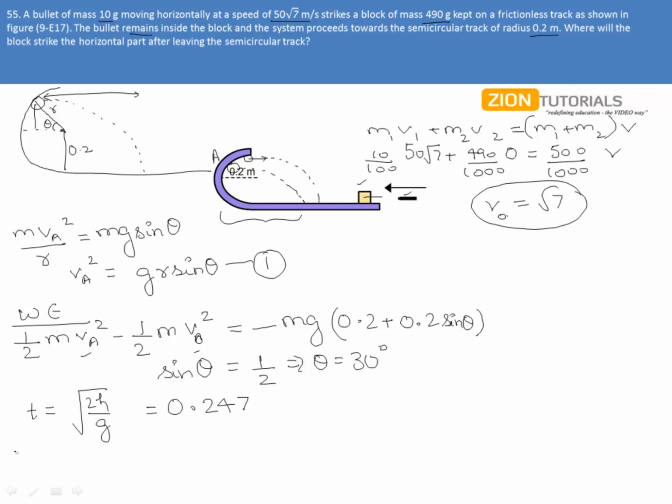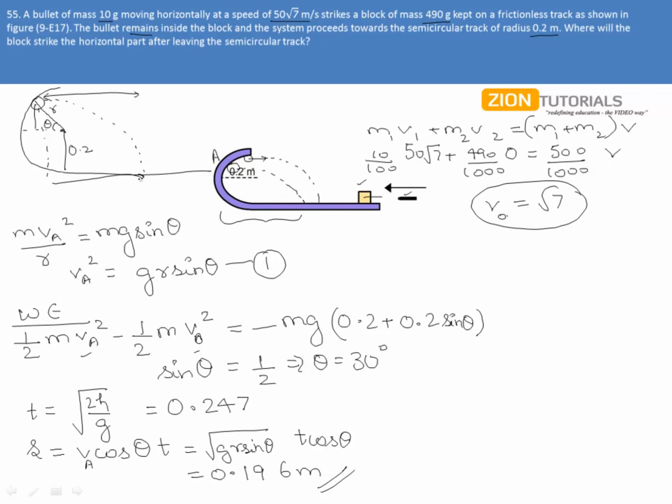So that distance will be v cos theta, rather I should say va cos theta into time, that is t. So this gives us under root gr sin theta into t cos theta, giving us the value of 0.196 meters.